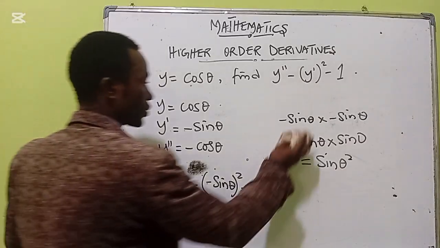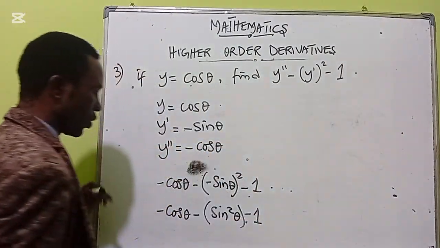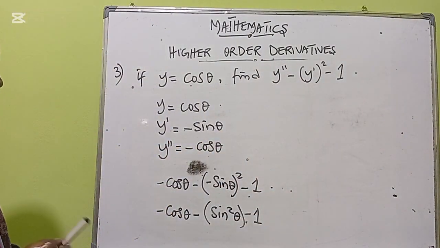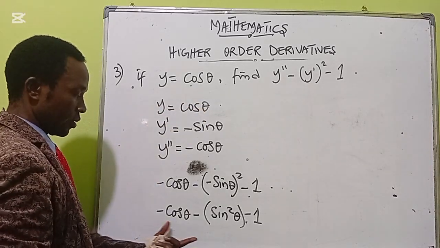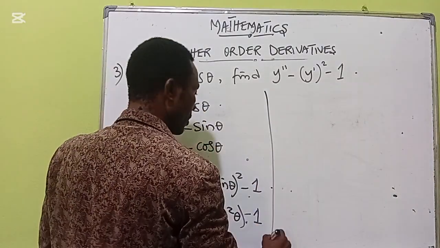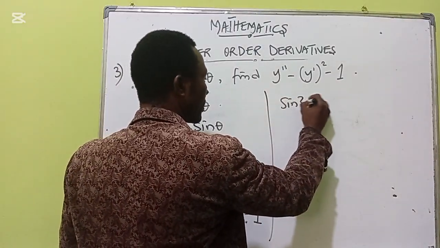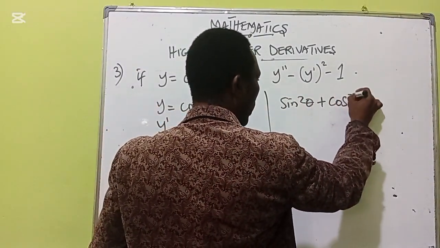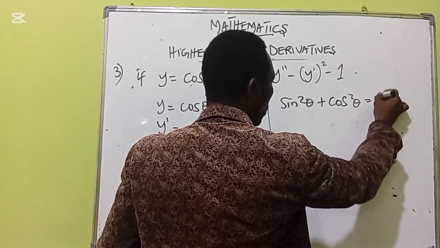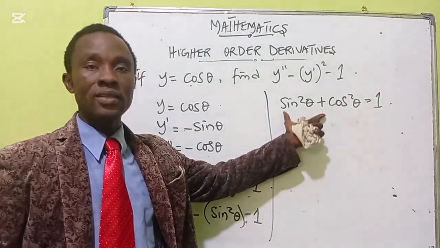So we continue. If we continue on this, I want us to know that sine square theta plus cos square theta is equal to 1. How did I get this?